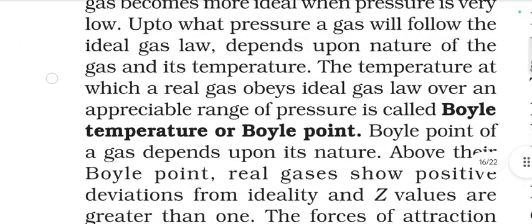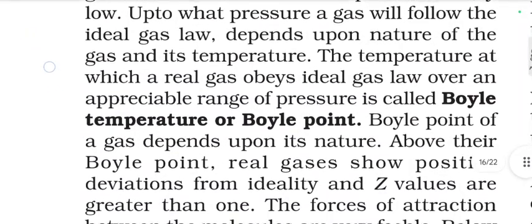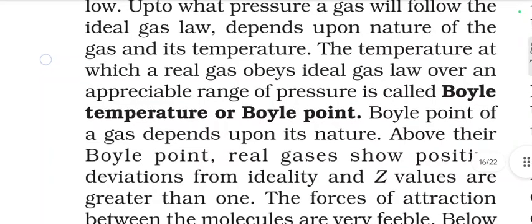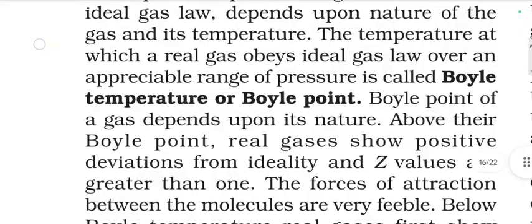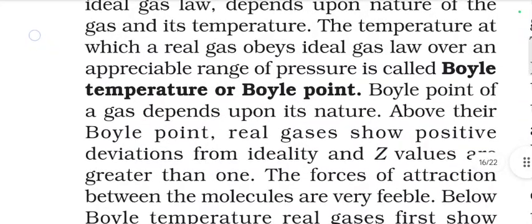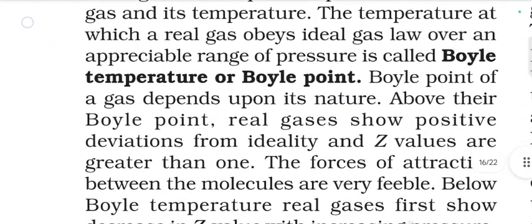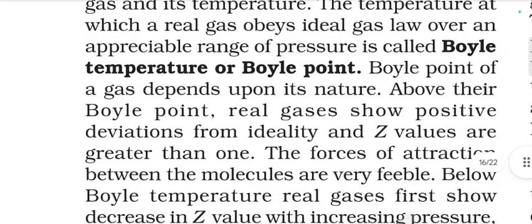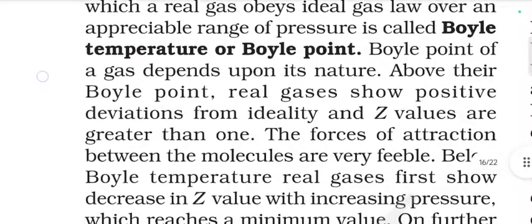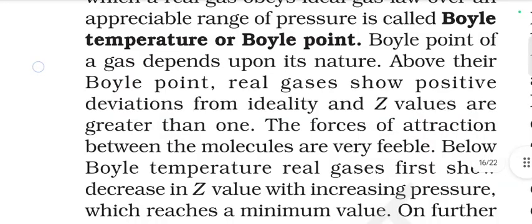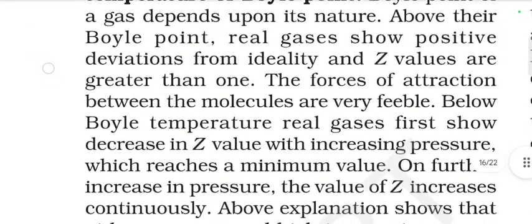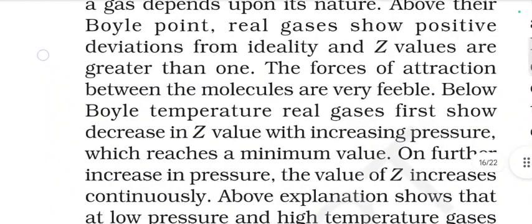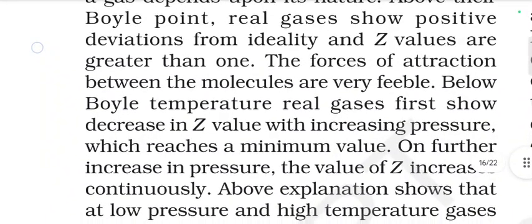Up to what pressure a gas will follow the ideal gas law depends upon nature of the gas and its temperature. The temperature at which a real gas obeys ideal gas law over an appreciable range of pressure is called Boyle temperature or Boyle point. Boyle point of a gas depends upon its nature. Above their Boyle point, real gases show positive deviations from ideality and Z values are greater than 1.